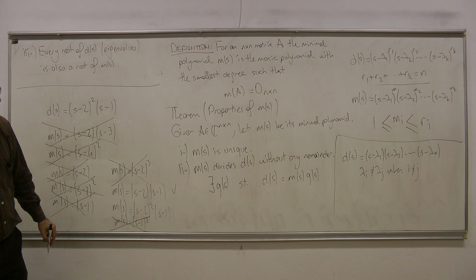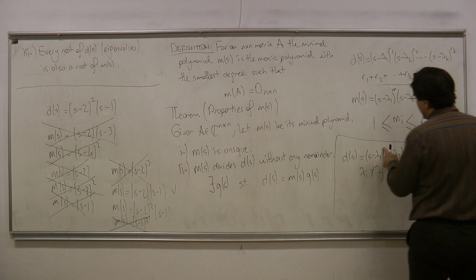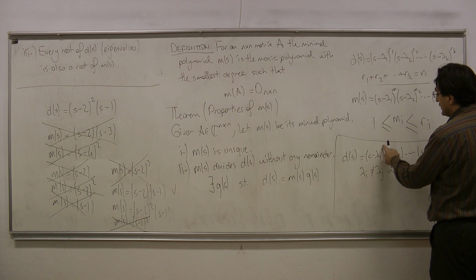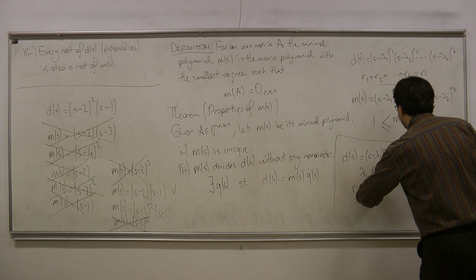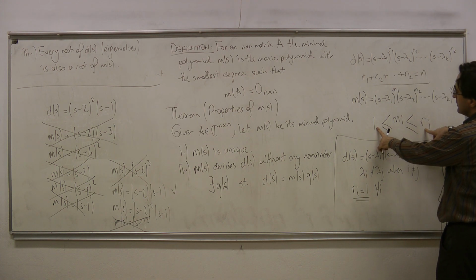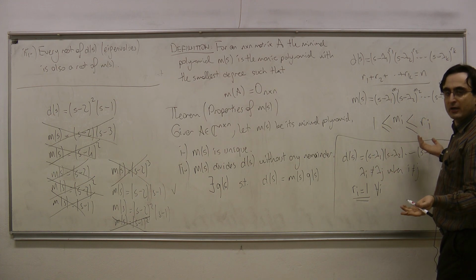According to these properties, we see that each of the ri's is equal to 1 here, because the eigenvalues are distinct, no repetition. Each of the ri's is equal to 1 for all i. So mi's are going to be between 1 and 1. So mi's can be only 1. Okay? They cannot be anything else.